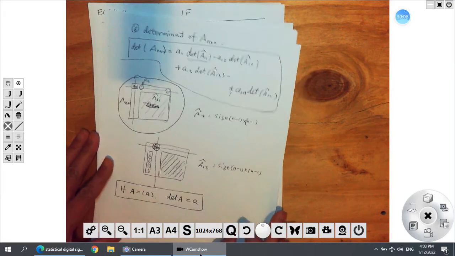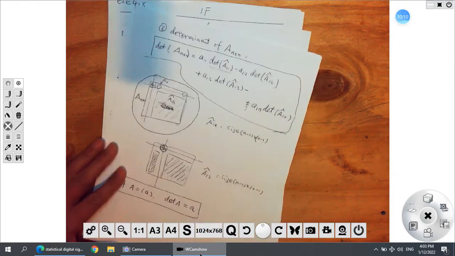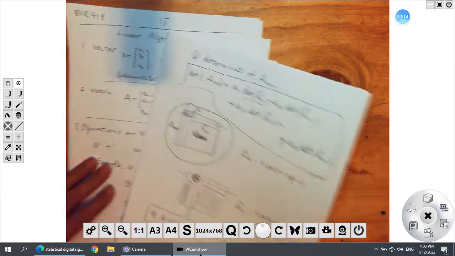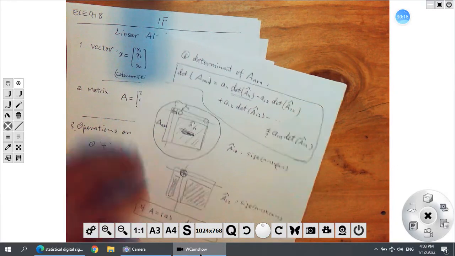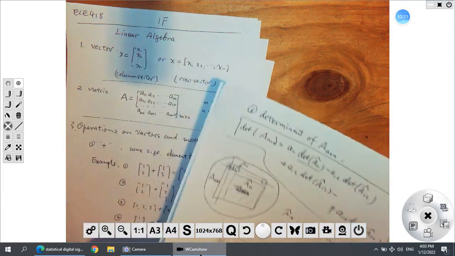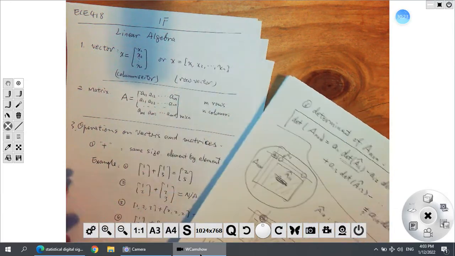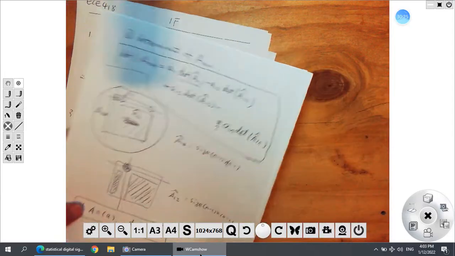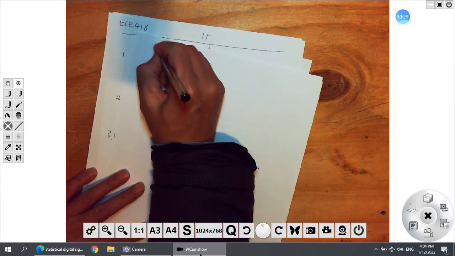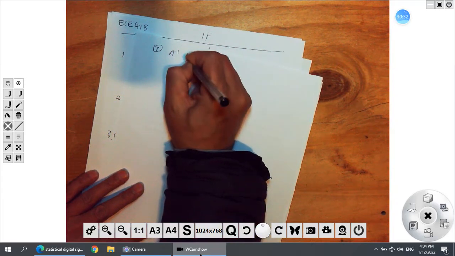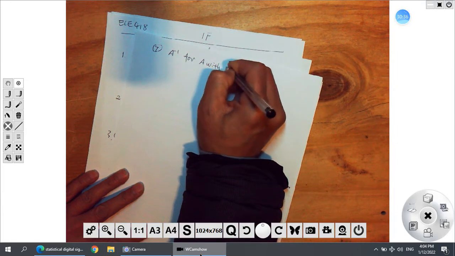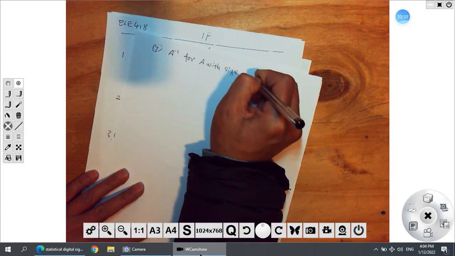After we get the determinant, we can have the inverse matrix. So go back to the inverse matrix. I just give the formula for the 2 by 2 matrix. A inverse for A with size 2 by 2.